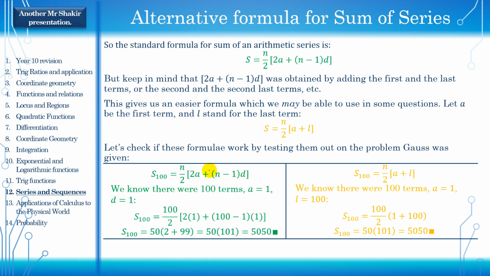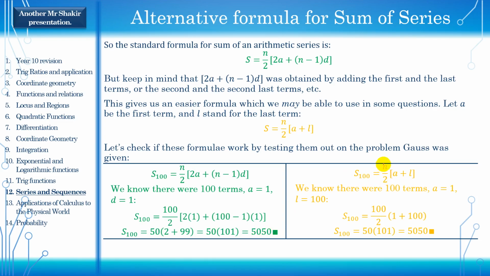So let's just make the appropriate substitutions. n is going to be 100, so 100 over 2. 2 times 1 plus the 100 over here, 100, and the difference is 1. So we make the appropriate substitutions, simplify, and you get the same answer as Gauss got. 5050, right?